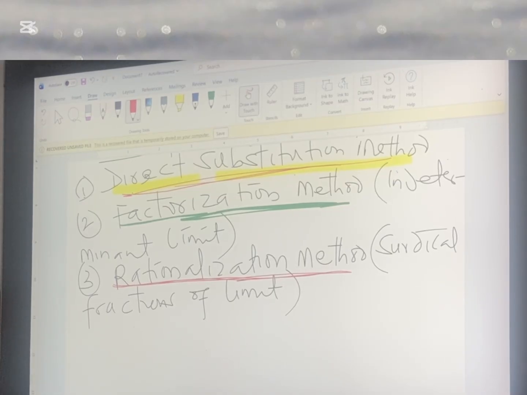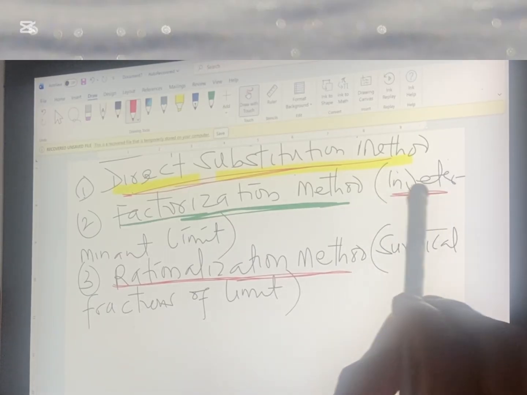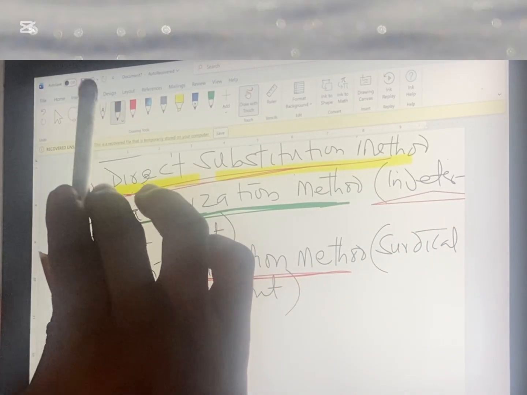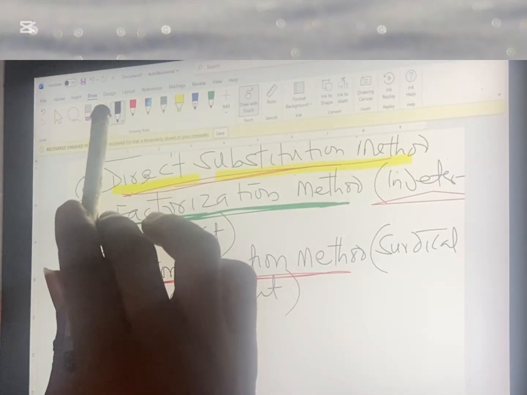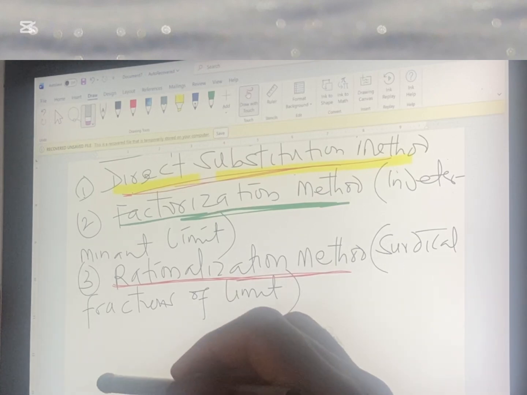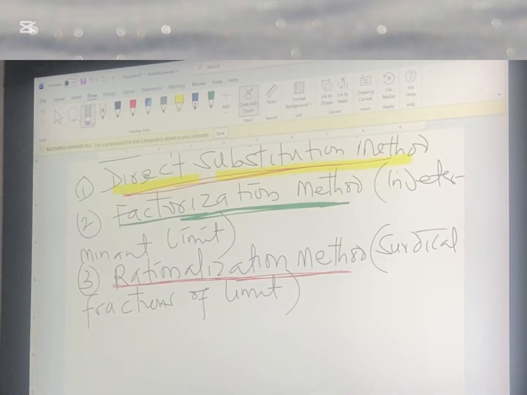Before you determine the method for a limit of a function, the first method to use, to determine if it is an indeterminate limit or if the surd limit is indeterminate also, is direct substitution. Please take note, it is direct substitution.